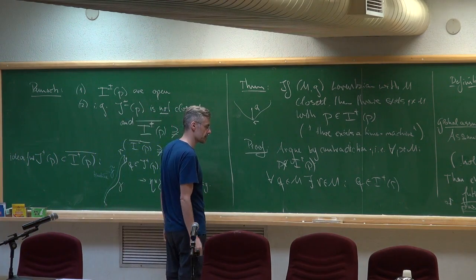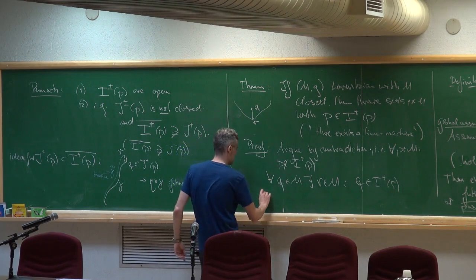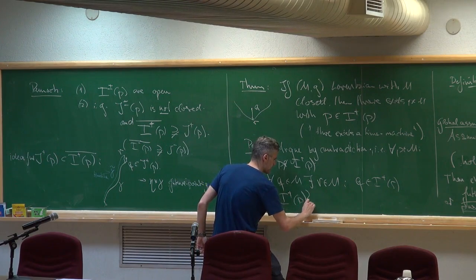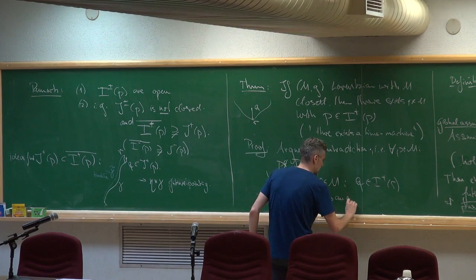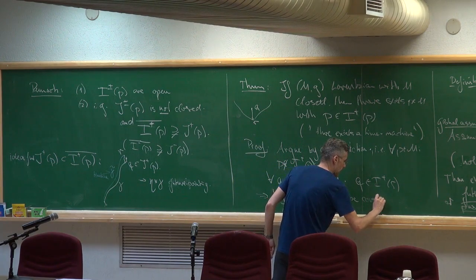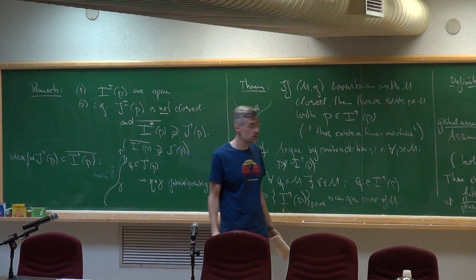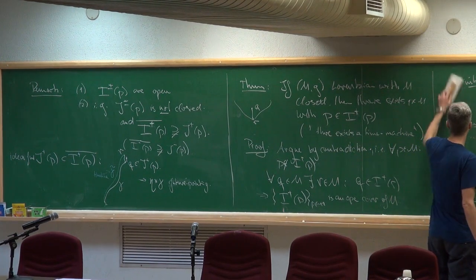So everybody comes from somewhere. There's no initial point. But then the set of these chronological futures is an open cover of M. Well, M being closed implies that there's a finite subcover.